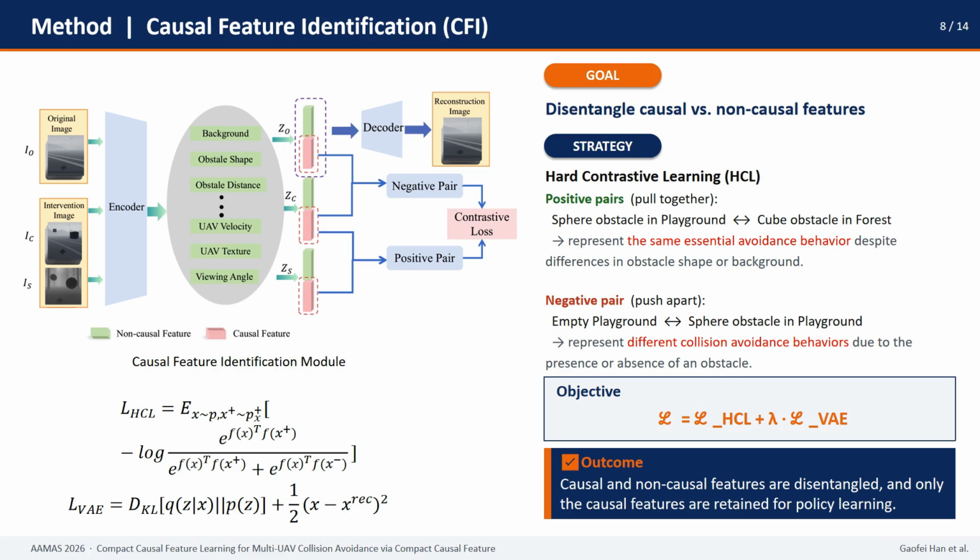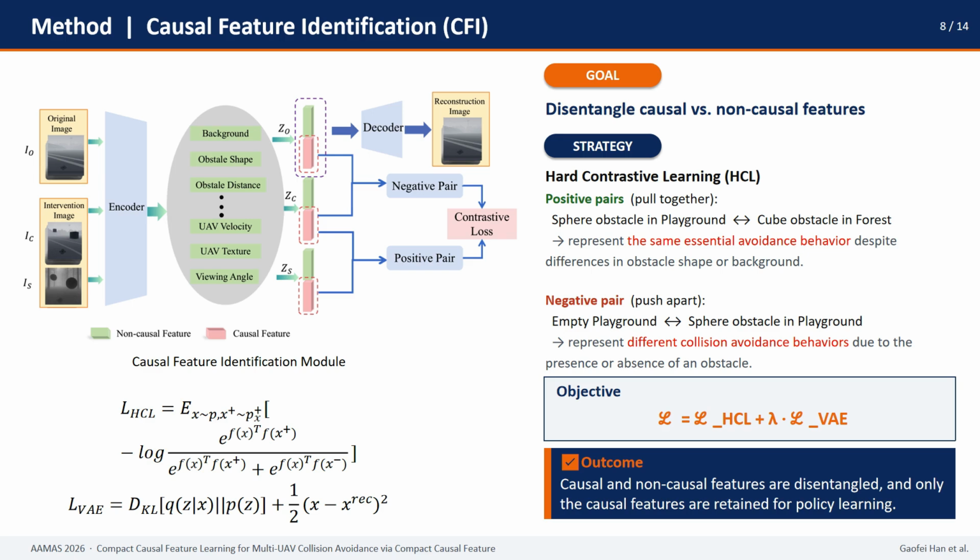Let me zoom in on the CFI module. Its goal is to disentangle causal and non-causal features by hard contrastive learning. First, we construct positive and negative sample pairs. Positive pairs consist of an image of a sphere obstacle in the playground and an image of a cube obstacle in the forest. They are put together, because they represent the same essential avoidance behavior despite differences in obstacle shape or background.